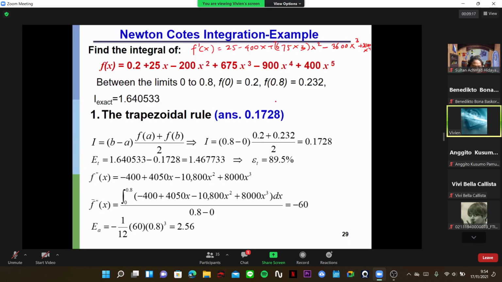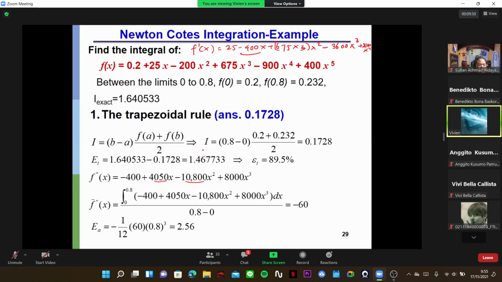When we find the second derivative, that will be minus 400 plus, this is multiplied by 2, 1350 times 3, that will be 4050, so this is correct, minus 10,800 x squared plus 8,000 x to the power of 3.